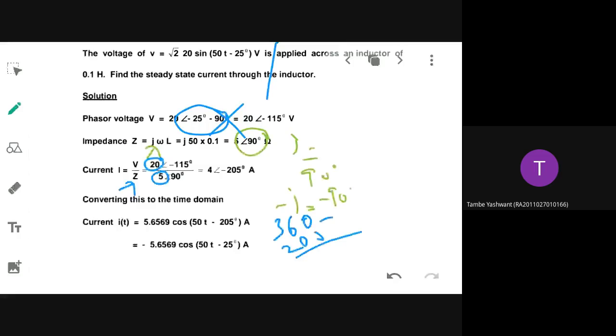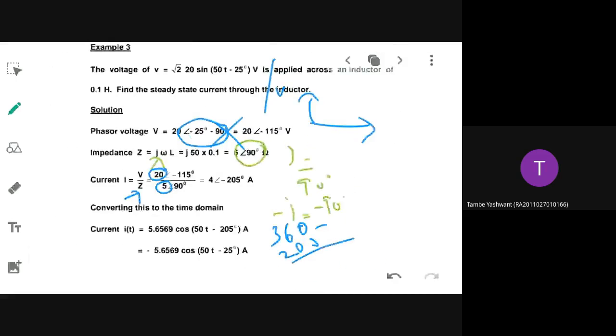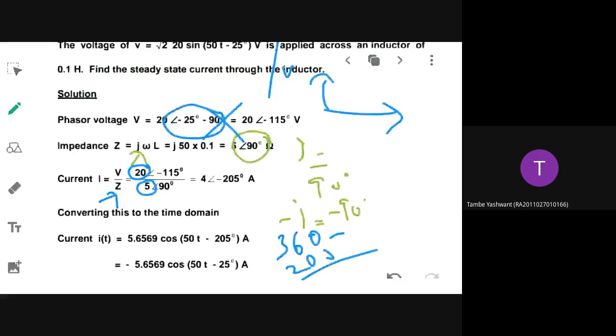Usually they don't use it. Okay, I will check out why they have used it and I will tell you. Here we are considering only V. I don't know why they have subtracted. Maybe because it is taken as a reference. Maybe total voltage is there, assuming.